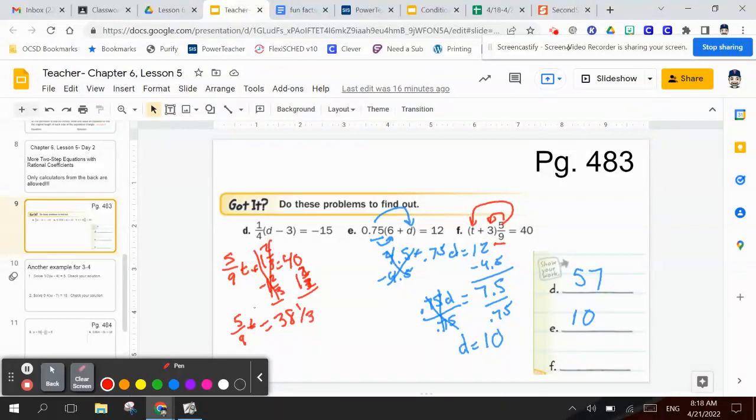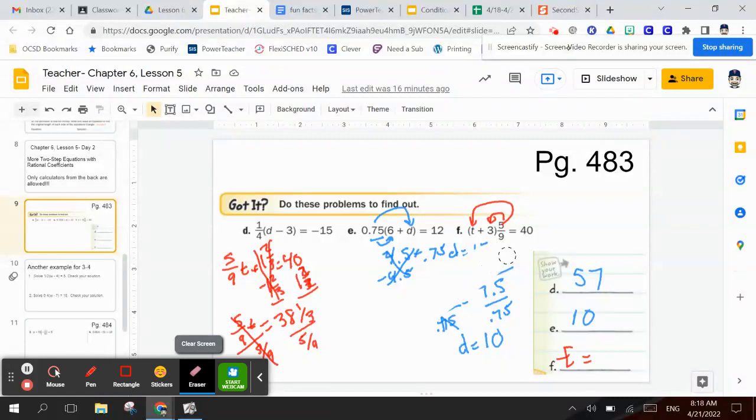So then to divide, I divide each one by 5/9. So I have t. I'll write that over there because this is going to take me a little while because there's a lot here to do. So I'm going to erase over here.